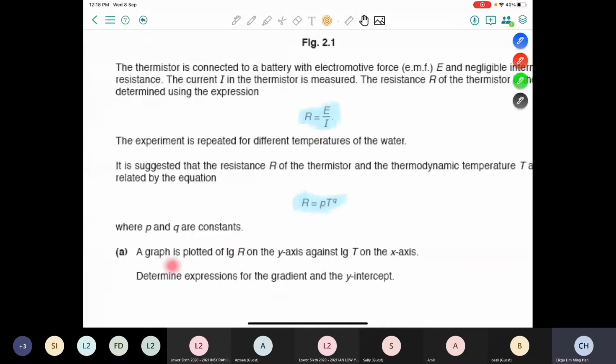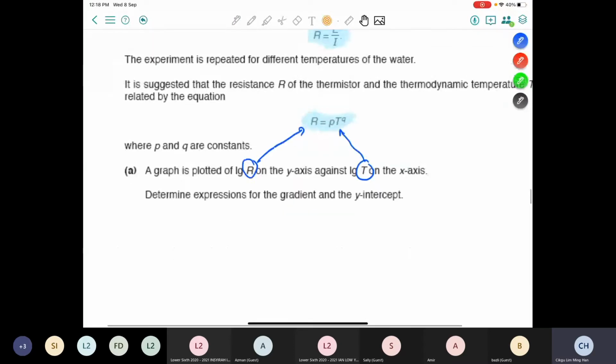A graph is plotted of log R against log T. Since it has R and T, the top one doesn't have T, so we don't use this expression.